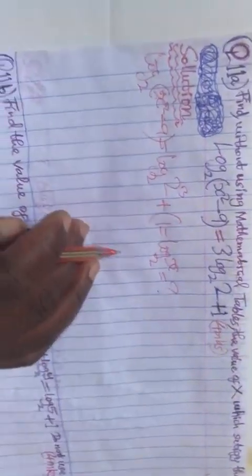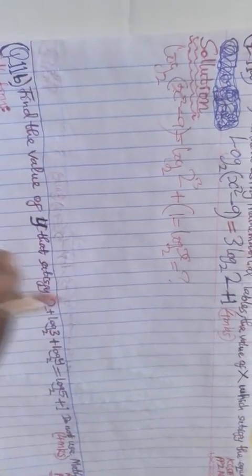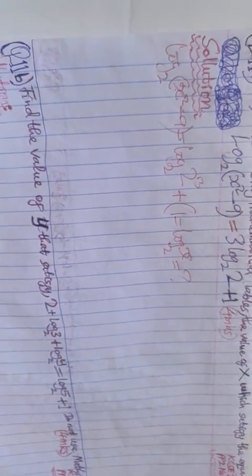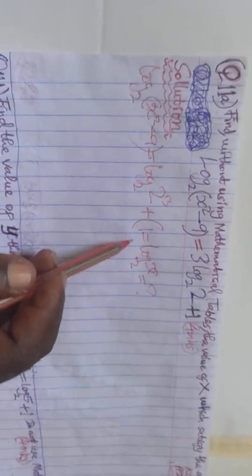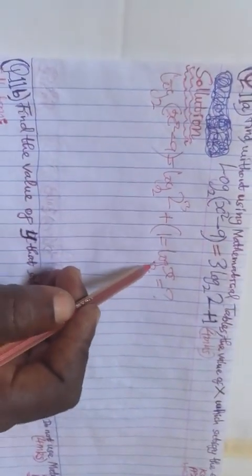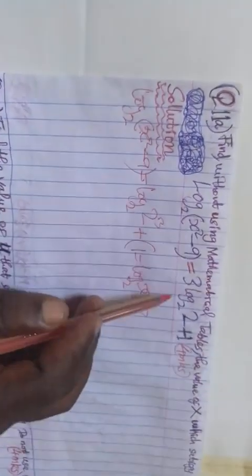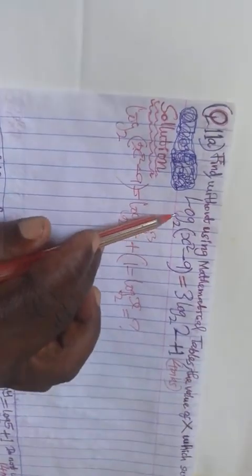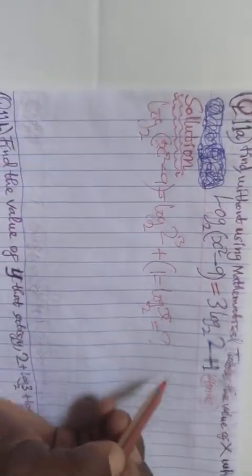Then we ask ourselves what the base could be. This is because the equation is not in base 10. You see that the bases are in base 2.